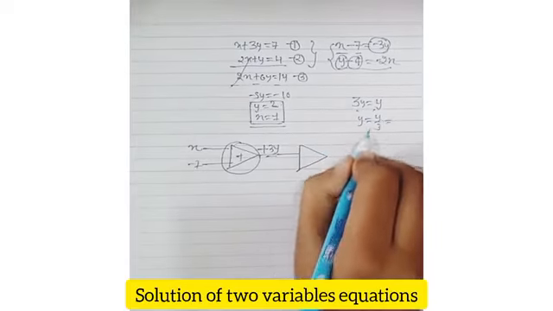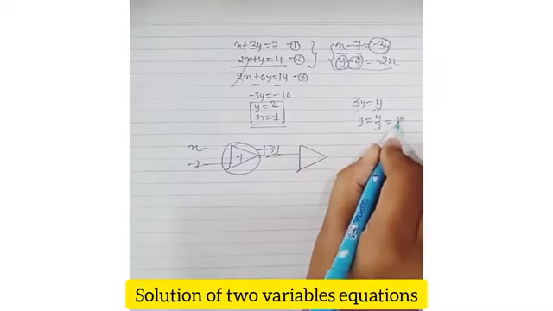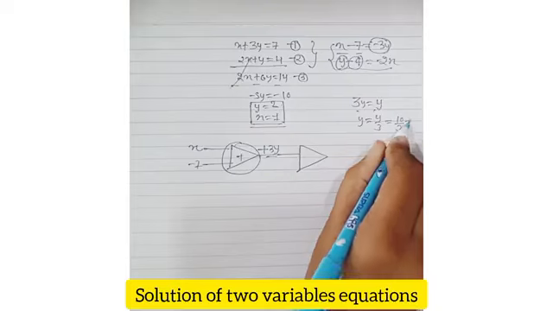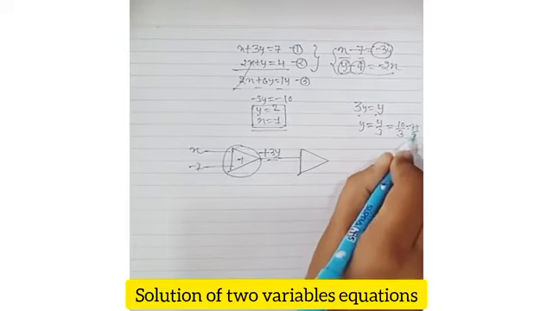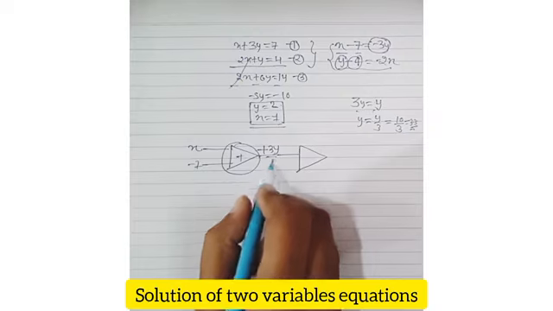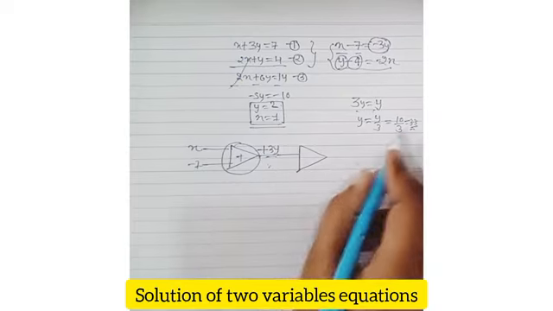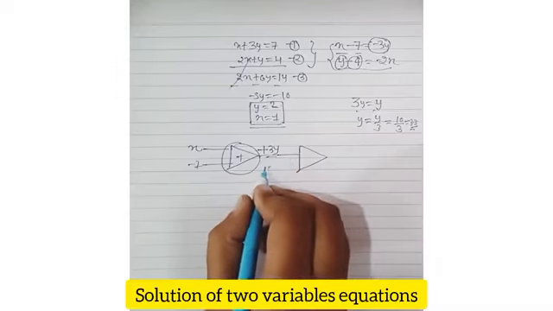We have 10 volts, so we have to convert 10 volt by 3 equal to 3.33. If I give it 3.33 volt, then my 3y will turn into y.